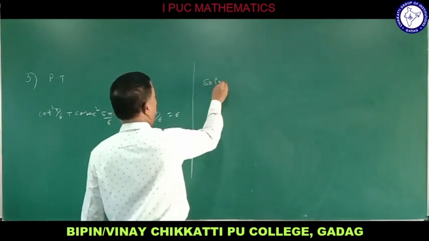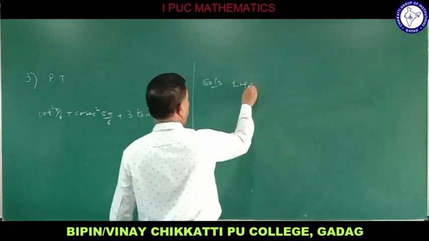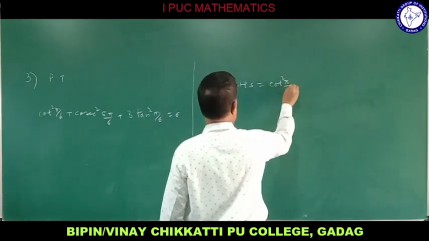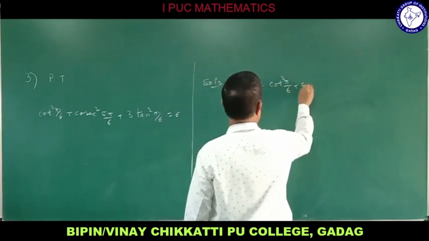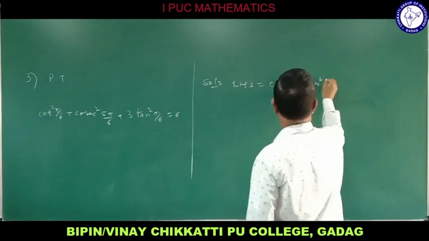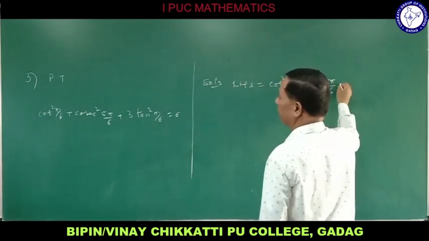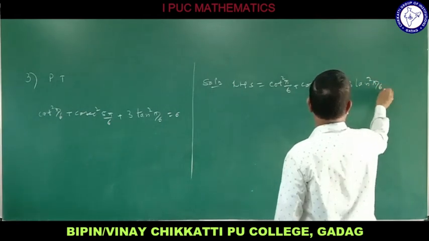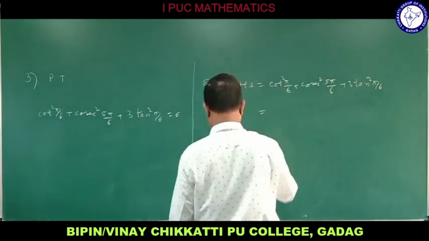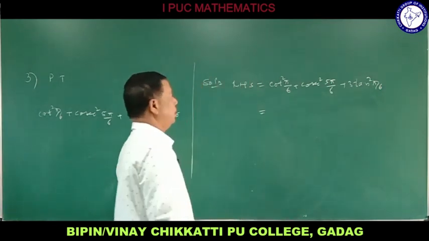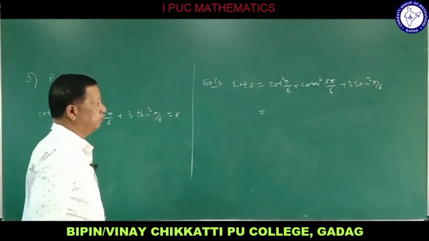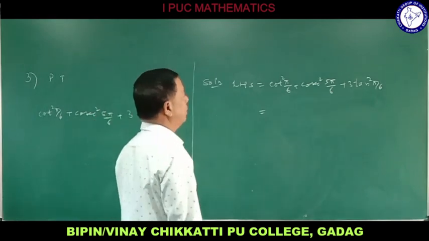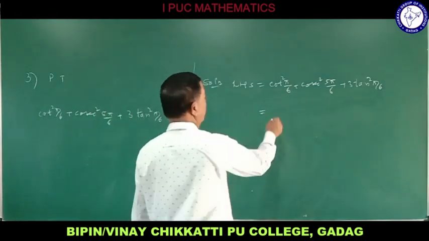Solution: as I have already told you, first you write the LHS, cot square pi by 6, cosec square 5 pi by 6, plus 3 tan square pi by 6. Look, cot 30: you know that tan 30 is 1 upon root 3, so cot 30 is root 3.